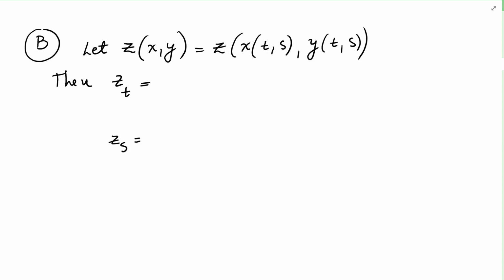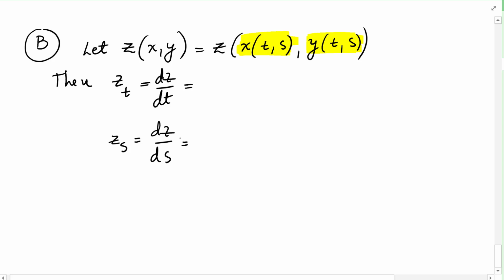Now let's talk about the second situation where our function z is a function of x,y, but x is a function of two variables t,s, and y is a function of two variables t,s. So in the previous example we had x as a function of t only, now it's a function of t and s. So then we're gonna end up with two derivatives, z_t, which is dz/dt, and z_s, which is dz/ds.